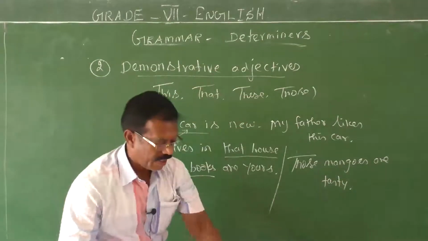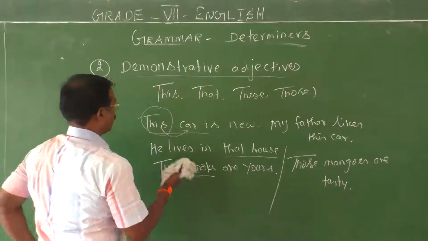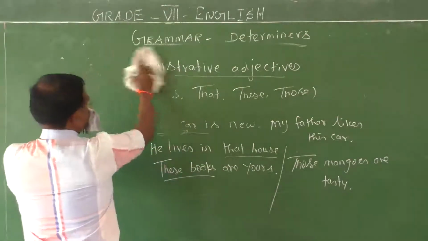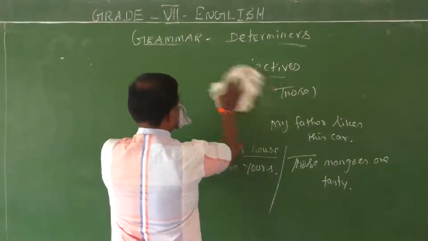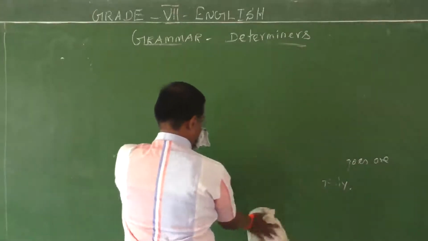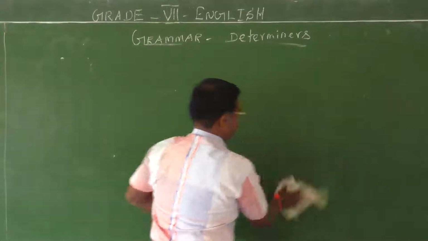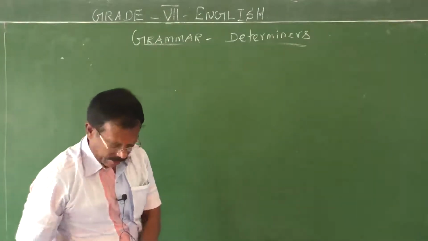Next, let me explain the third determiner. What's the third determiner? Distributive adjectives. How they are used as determiners. You know what is distribution? Distributive adjectives, the third determiner. You know the meaning of the word.